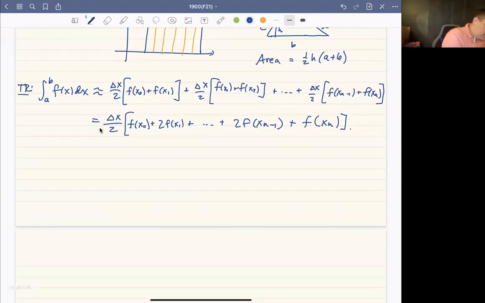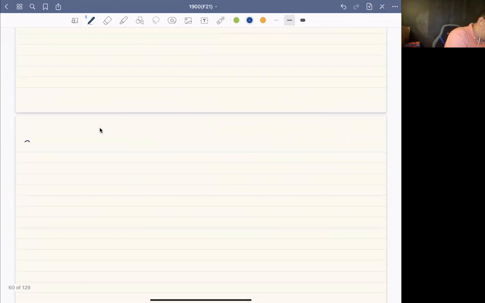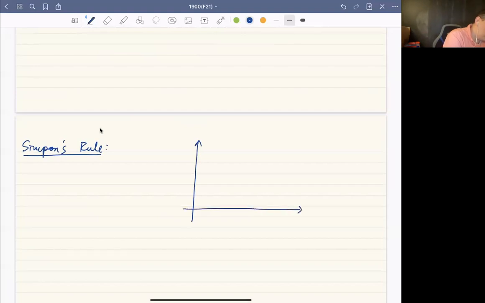Finally, let's look at what's called Simpson's rule. And Simpson's rule is a little bit more complicated, but it's very interesting. So the way that Simpson's rule works is you're going to take your function. Okay, so we have our just generic function f from a to b.